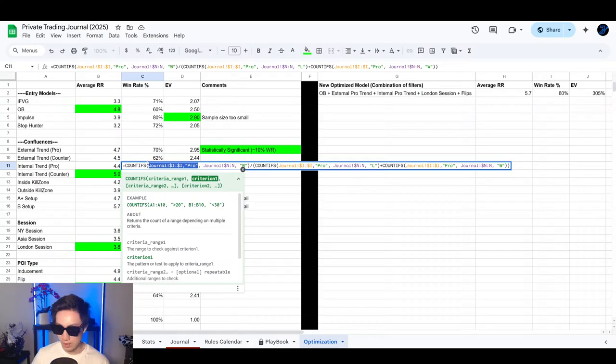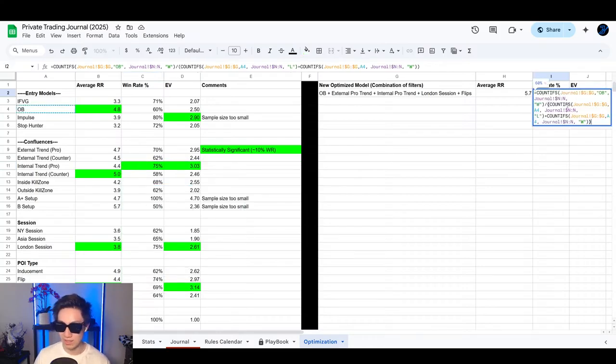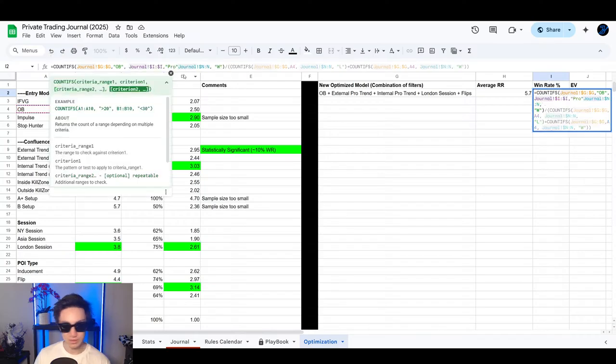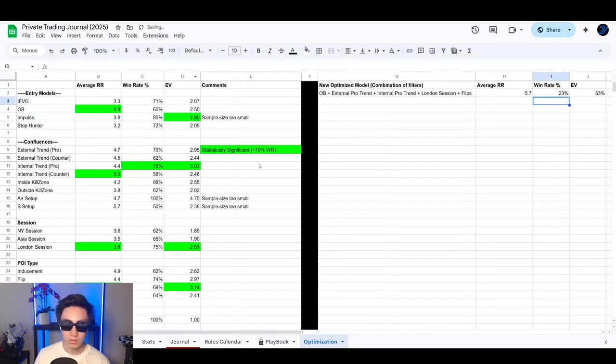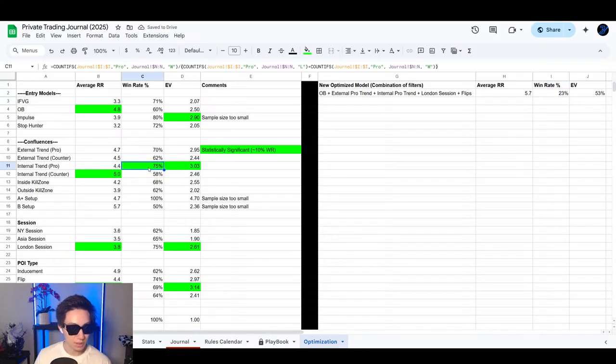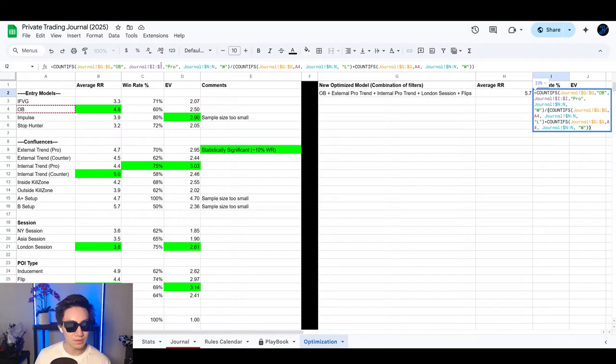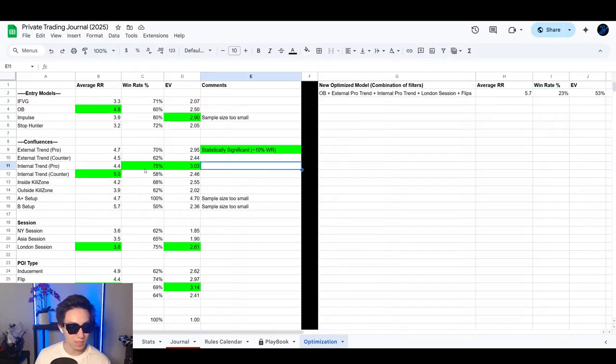We'll see if this works or not. We'll have to test it out. Not gonna be entirely sure if this works. We just combine the two. That doesn't seem right. Okay. My logic here is probably wrong.